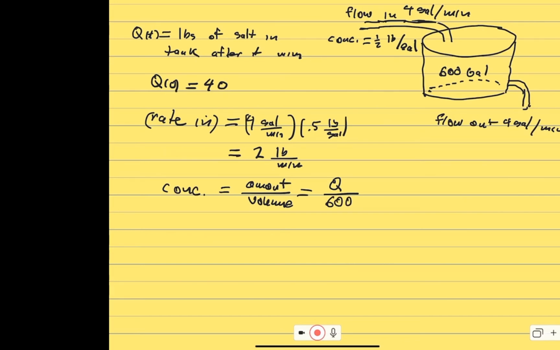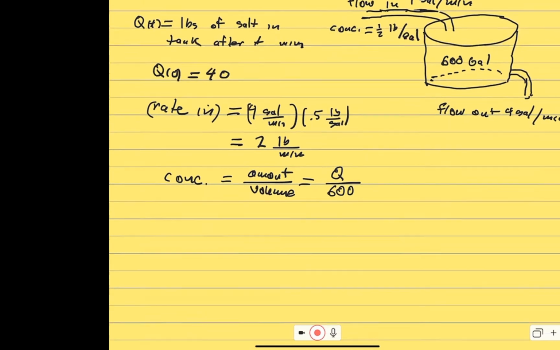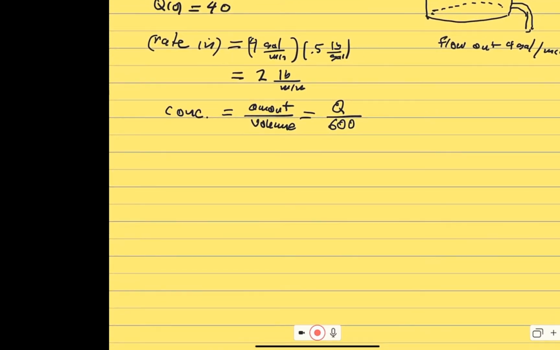And so the rate out is going to be the concentration, well, first let's do the flow rate. That's also 4 gallons per minute, just as before.